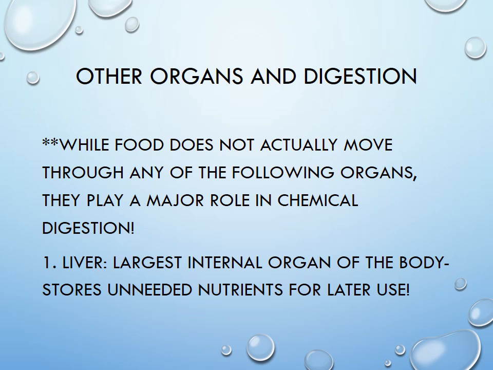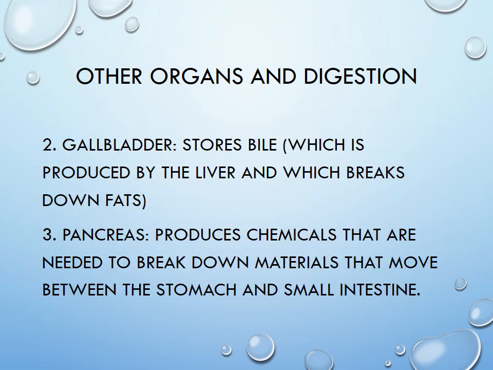It stores unneeded nutrients for later use. It also helps break down medicines and lots of other important things. The gallbladder stores bile, which is produced by the liver and which breaks down fats. So the liver produces this bile, it passes it on to the gallbladder, and the gallbladder stores it for when the body needs to break down fats.